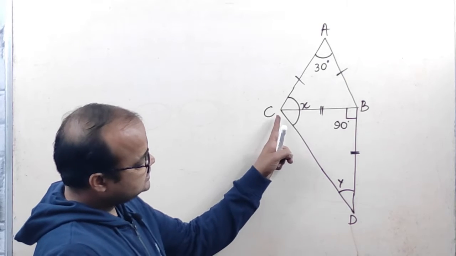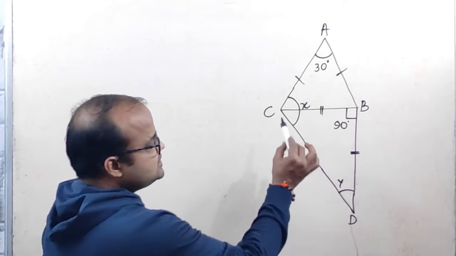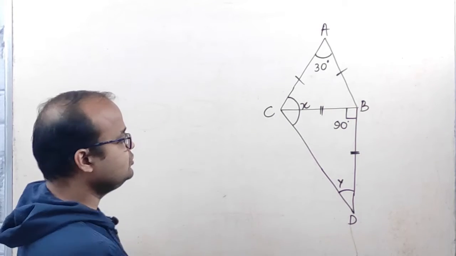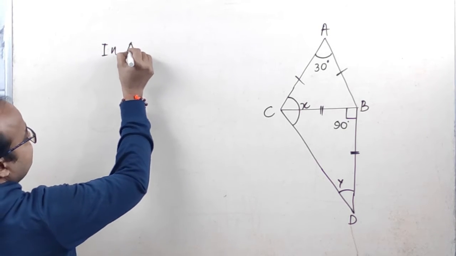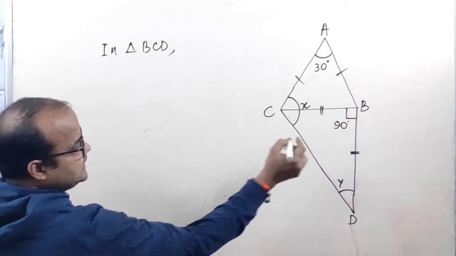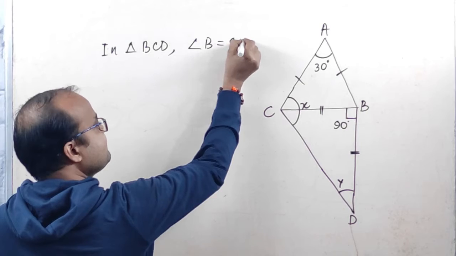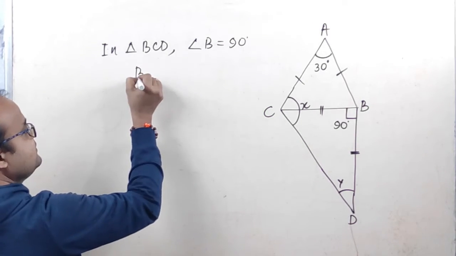So in triangle BCD, side BC equals BD. It is given to you. So in triangle BCD, angle B equals 90 degree and BC equals BD.